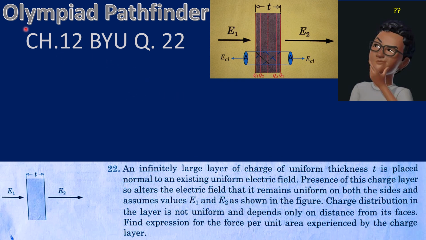This question is from Olympiad Pathfinder, Chapter 12, Build Your Understanding, question number 20. The question says, an infinitely large layer of charge of uniform thickness T is placed normal to an existing uniform electric field.